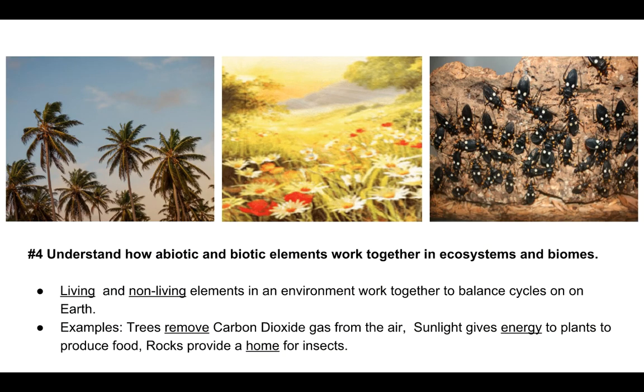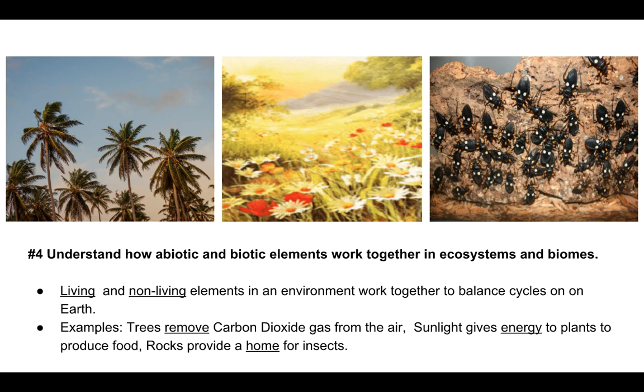Moving on to success criteria number 4. Understand how abiotic and biotic elements work together in ecosystems and biomes. So living and non-living elements, biotic and abiotic elements in an environment, work together to balance cycles on the earth.